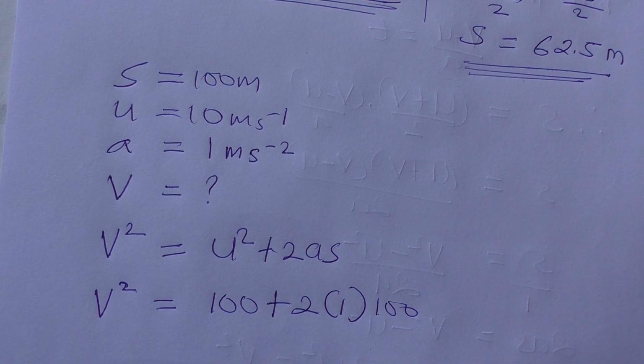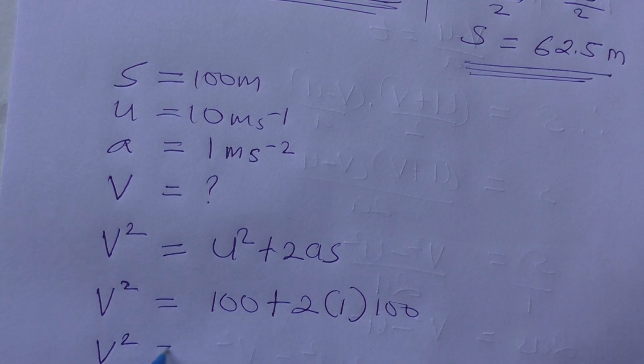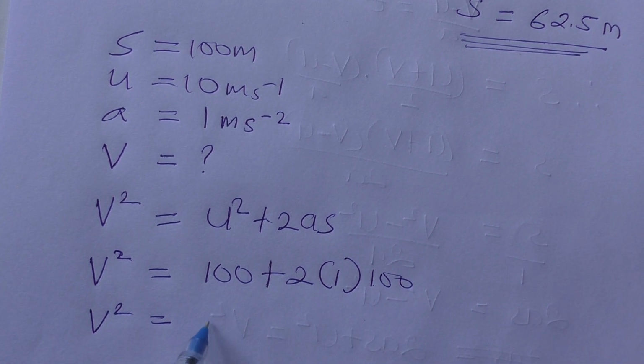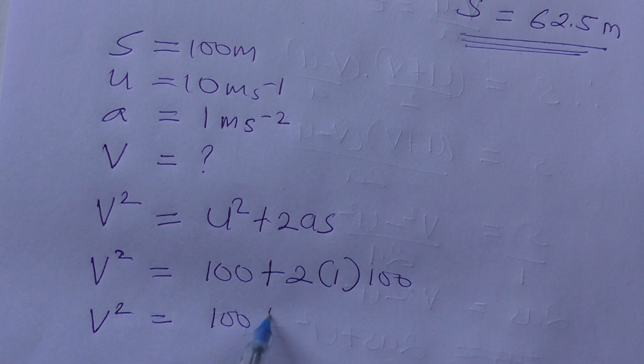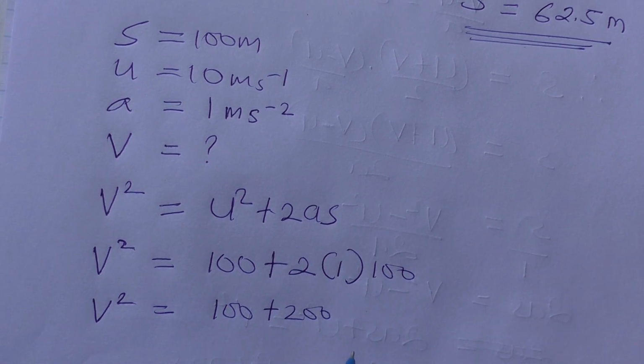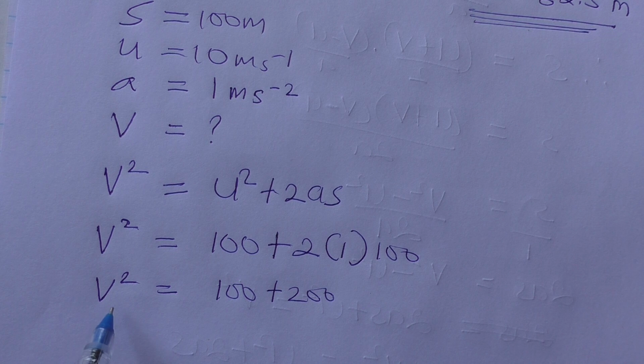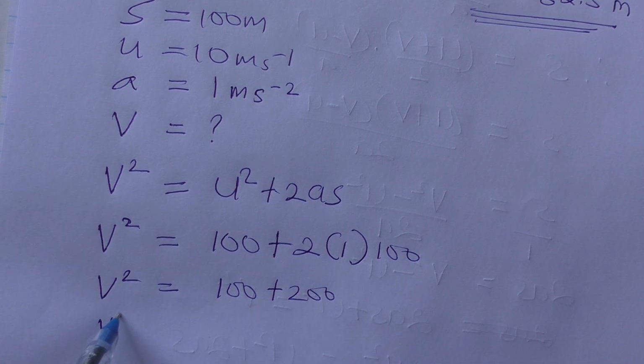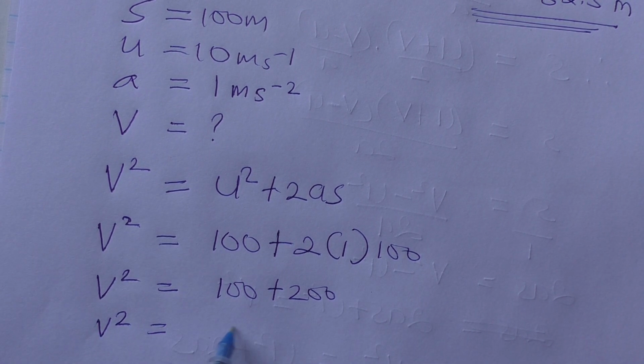Therefore, that gives us v squared as 100 plus 200, which is v squared equaling 300.